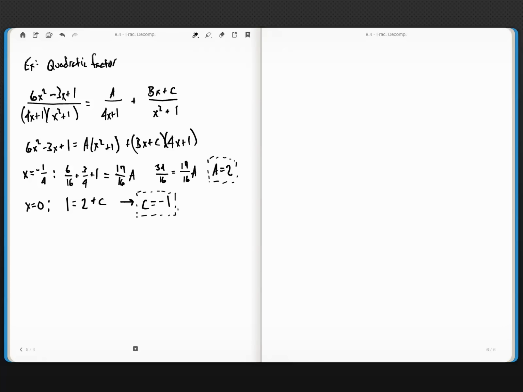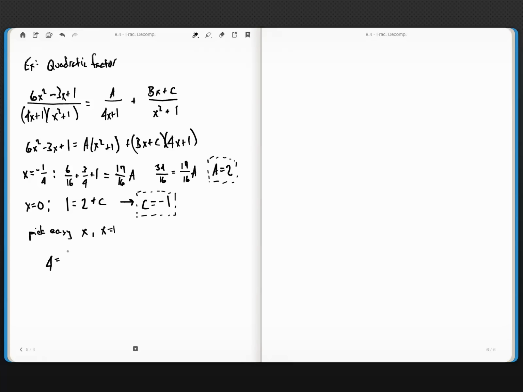Now all we need is b, so we only have one variable left. We know a, we know c, the only thing we don't know is b, so I'm going to pick an easy x. How about x equals 1, because that's easy to plug in. So 6 minus 3 is 3 plus 1 is 4.